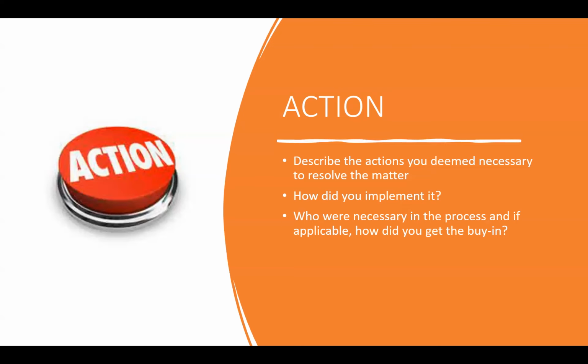Did you have to persuade people? And these are important steps to convey because it showcases soft skills such as communication, problem solving, leadership, time management, researching. All of those come into play when you are describing something in the STAR method.